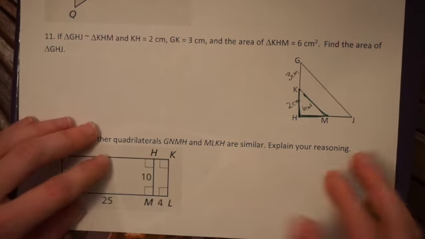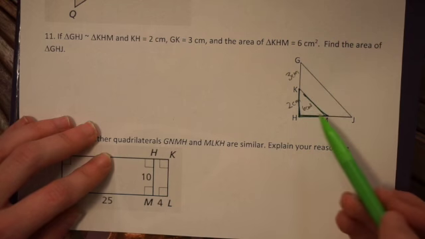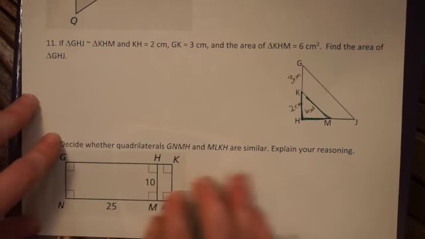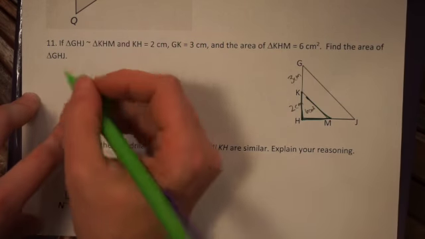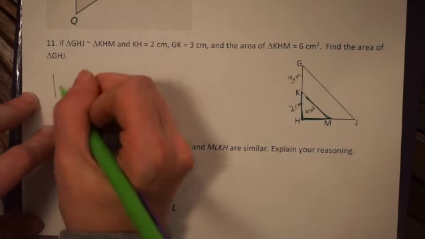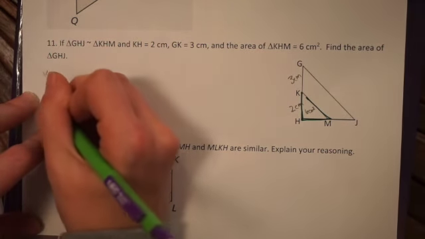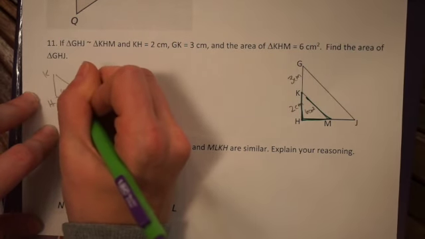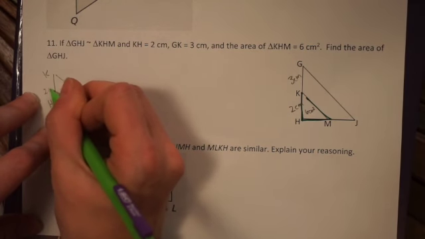Now we're trying to find the area of this big triangle, GHJ. It might be helpful to separate the two so you can see what's going on. So if I draw my little triangle, K, H, M, we know its area is 6 centimeters squared, and KH is 2 centimeters.